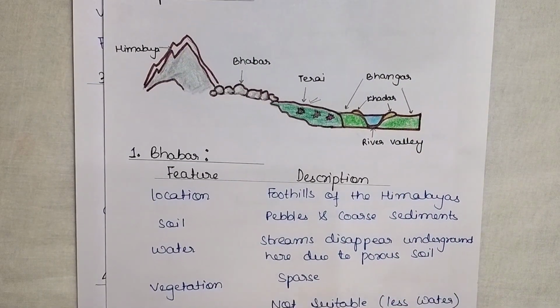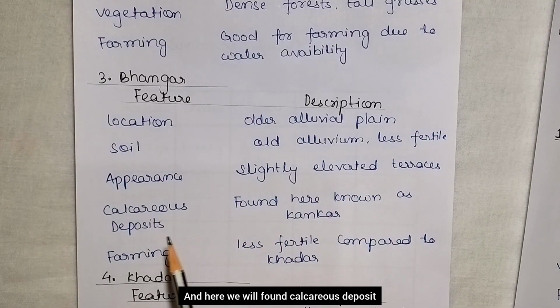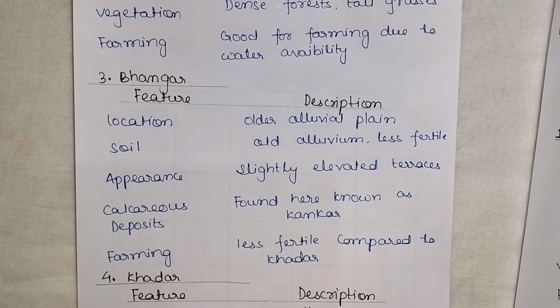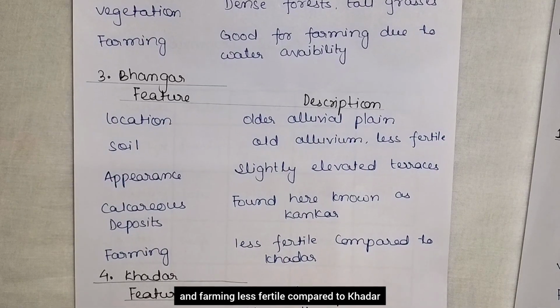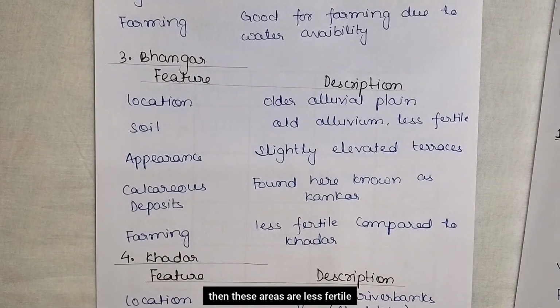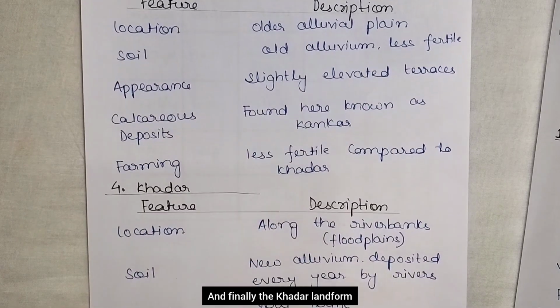So in this way, these landforms are there. And here we will find a calcareous deposit known as Kankar, and farming is less fertile compared to Khadar. So the Bhangar areas are less fertile and as a result farming is also less.